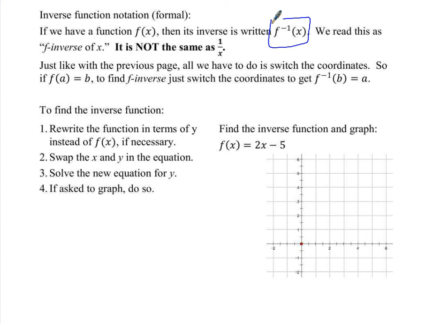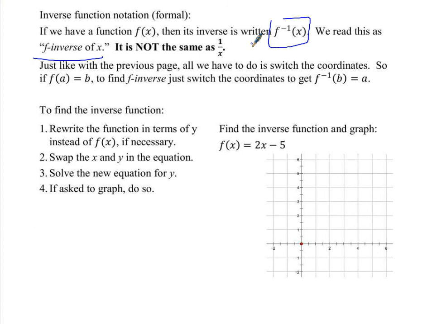How do I know that that's how I read that? Because it says right here. Do not read that as f to the -1st of x, because f to the -1st of x would imply that this is what you mean, and that's not the case. So that's something that you have to be very careful of. We talked about that in Algebra 2.